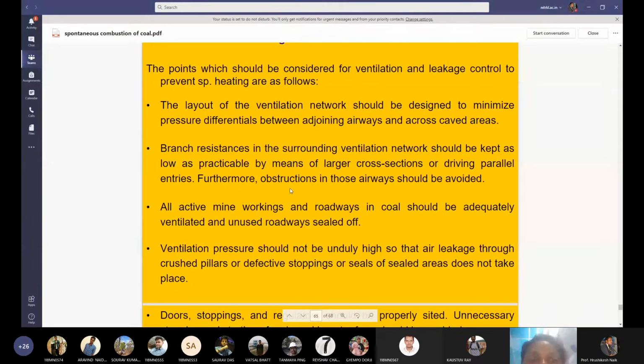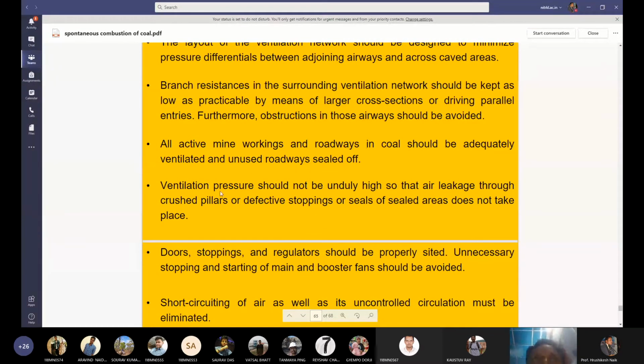Common resistances in the surrounding ventilation network should be kept as low as practicable by means of larger cross sections or by driving parallel entries. Furthermore, obstructions in those airways should be avoided.